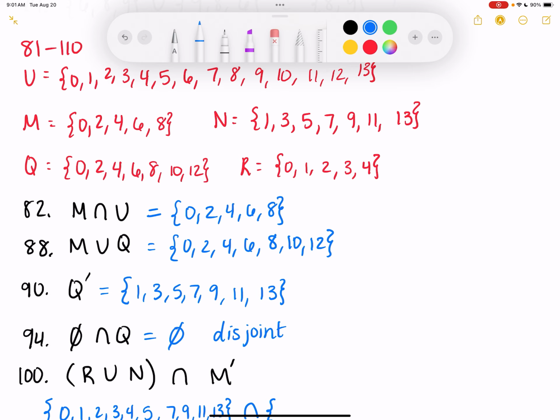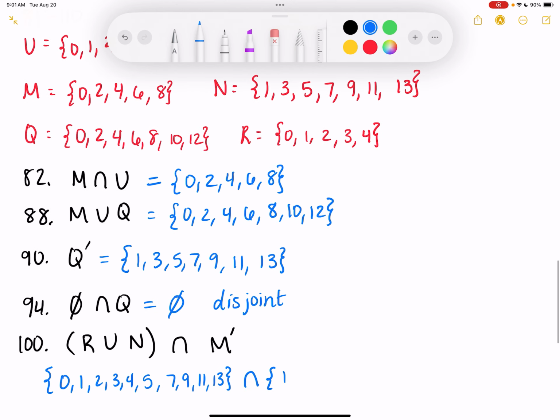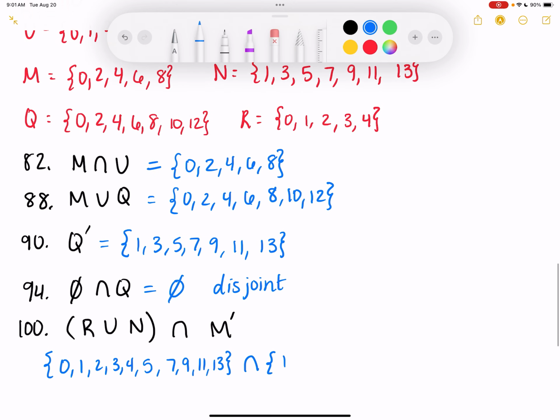So what numbers are not in here that are up here? 1, 3, 5, 7, 9, 11, 13, and even numbers after 8. So 1, 3, 5, 7, 9, 10, 11, 12, and 13.